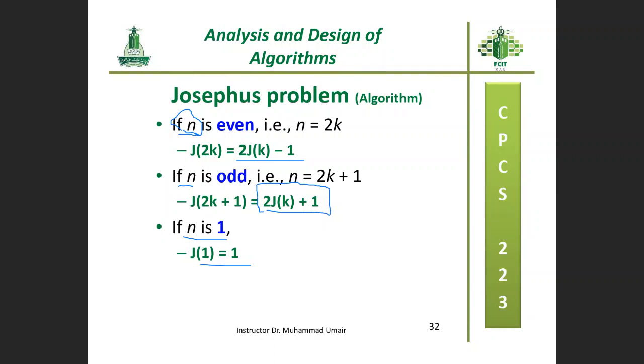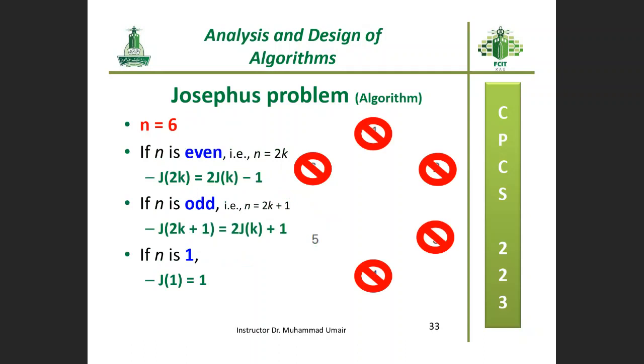So this was a formula which is used to find the survivor, and the solution for n equal to 6 is mentioned here. If n is 6, the survivor will be 5. The person who is standing at location 5 will survive.